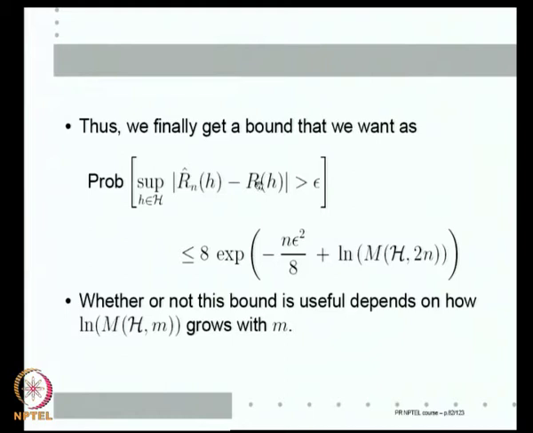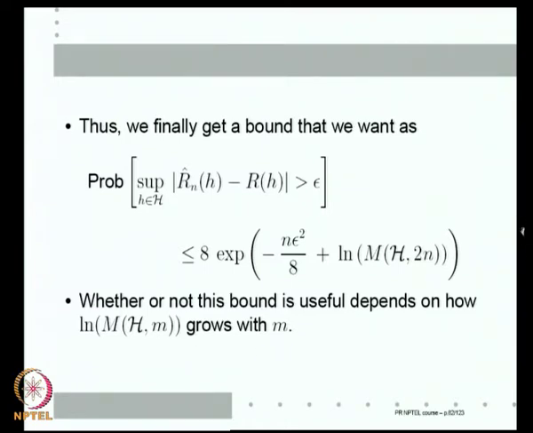Well, whether it is good enough or not depends on how this number grows. This is the log of the maximum possible number of distinguishable functions based on 2n samples. So, this number obviously depends on this 2n and hence obviously depends on m. So, for a given m, we want to know how ln m(H, m) grows with m.